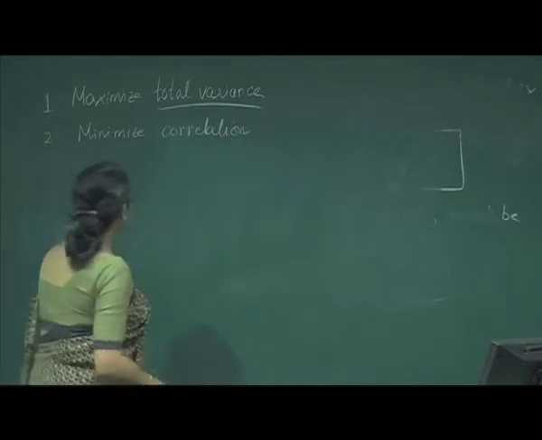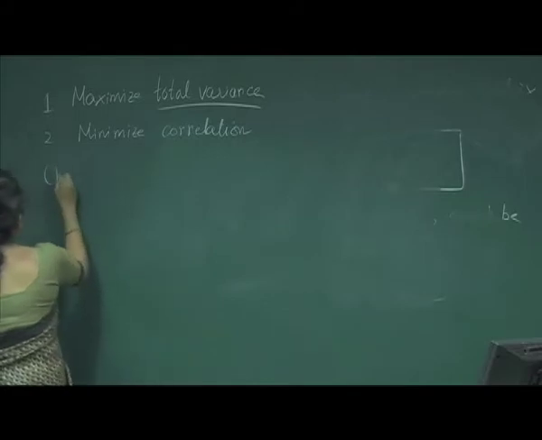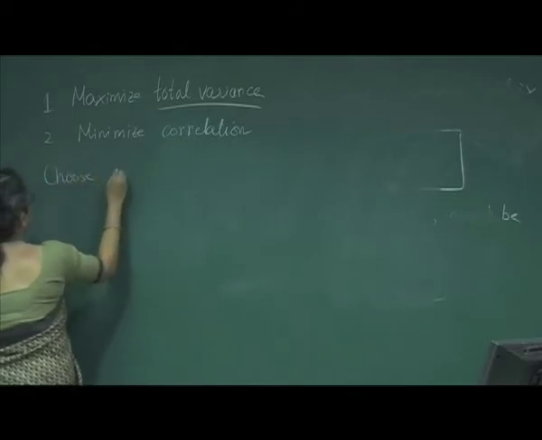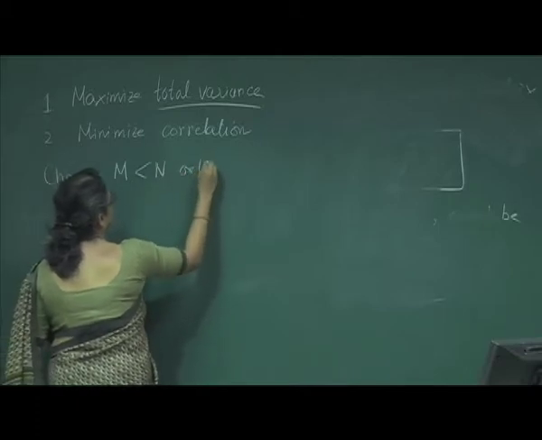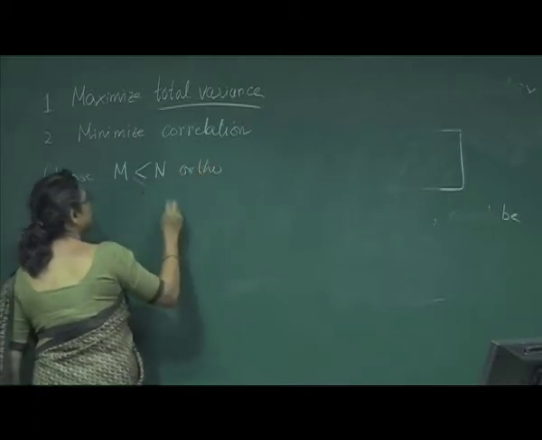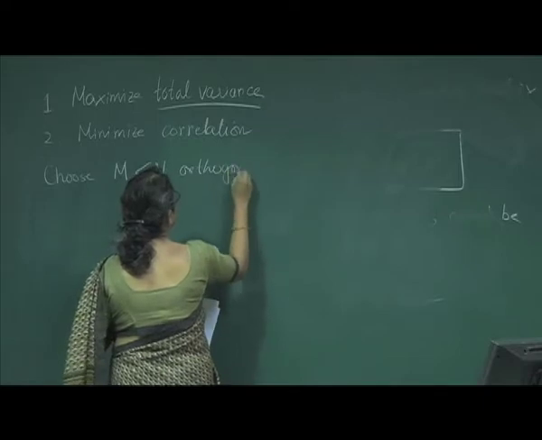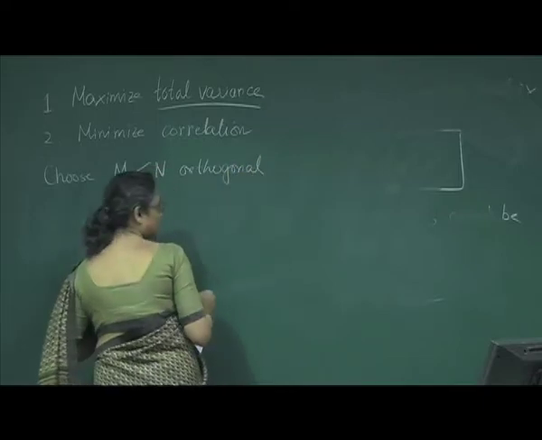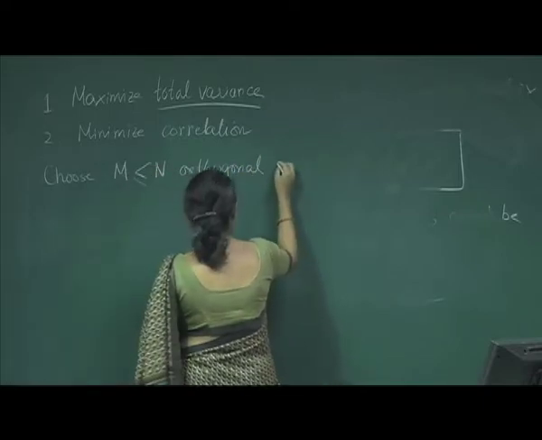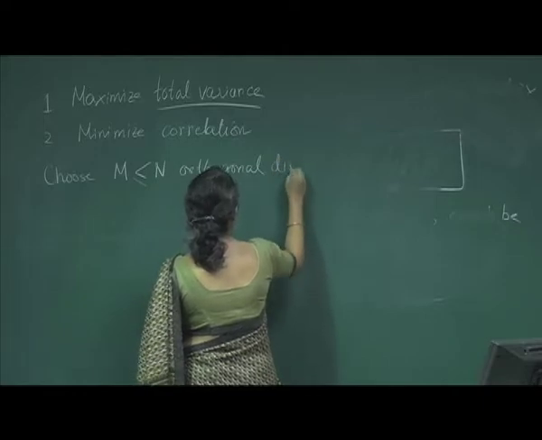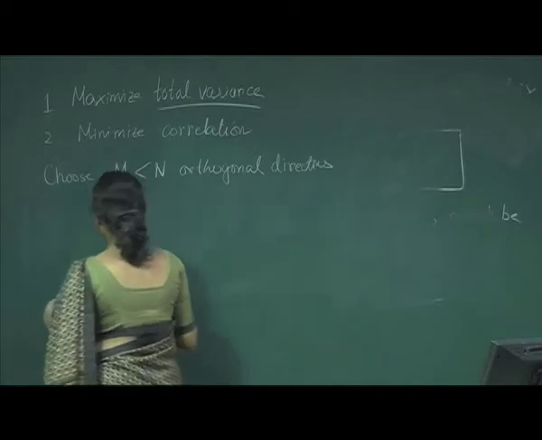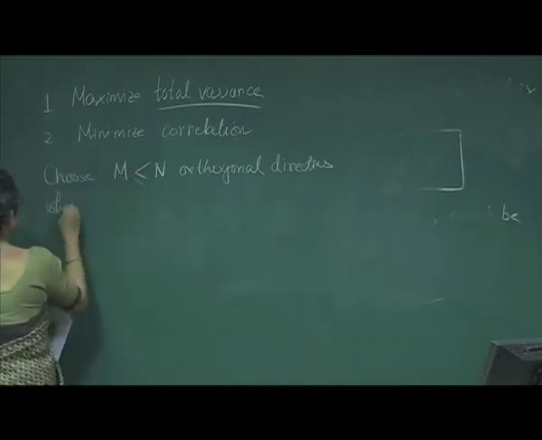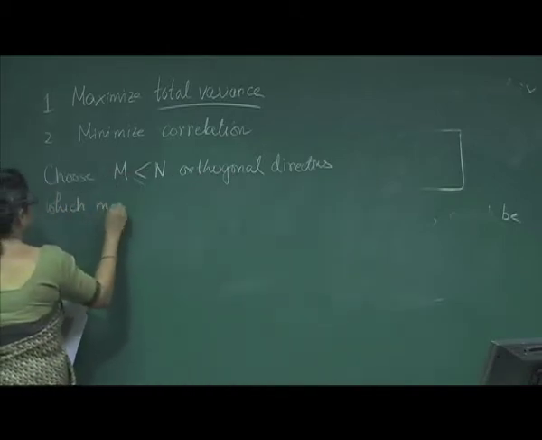So for this we choose M orthogonal directions. Actually, M can be less than or equal to N if you wish. For feature reduction, M is strictly less than N. So we choose M orthogonal directions which maximize total variance.